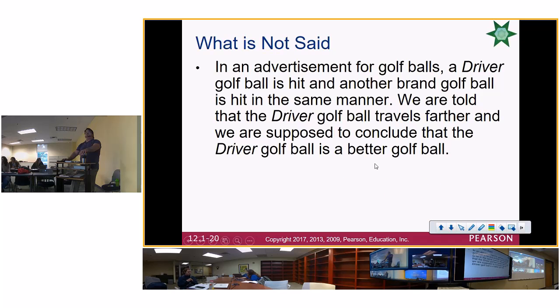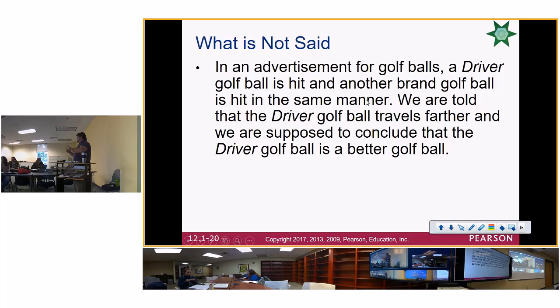In an advertisement for golf balls, a driver golf ball is hit and another brand golf ball is hit in the same manner. Now, how are you going to get 2 people or 1 person to hit a golf ball exactly the same? You might be able to get Tiger Woods to do it because he's probably one of the greatest of all time.